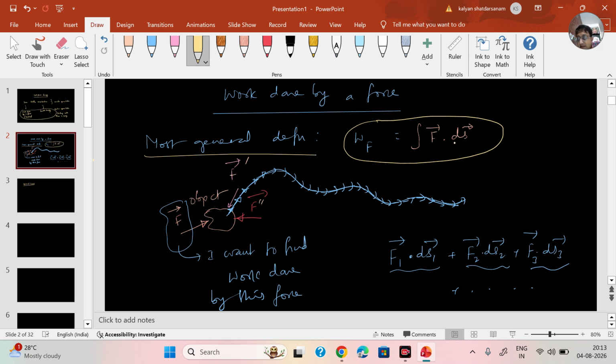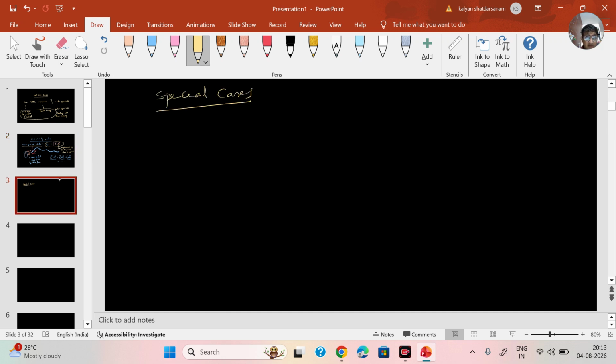What is this ds? Now look at this. To be more precise, ds is the displacement of that point where force is applied, or some people call it displacement of the point of application of force. Why should I write it like that?